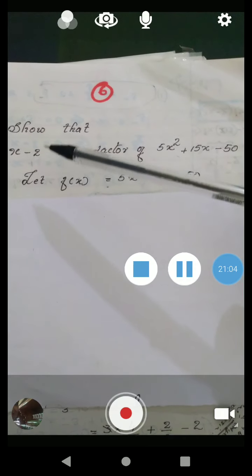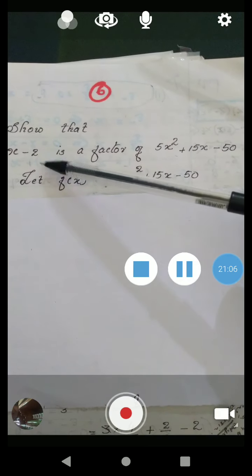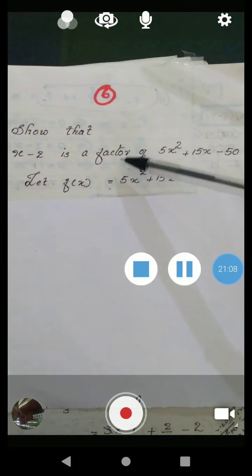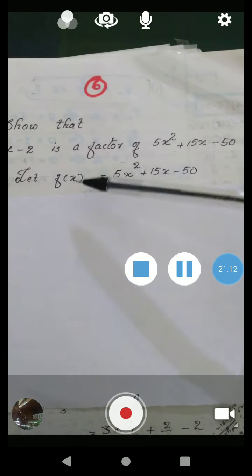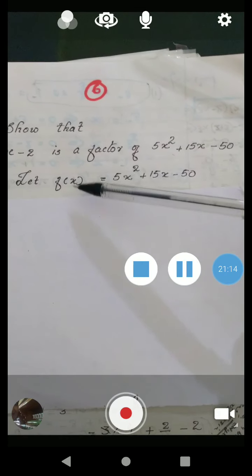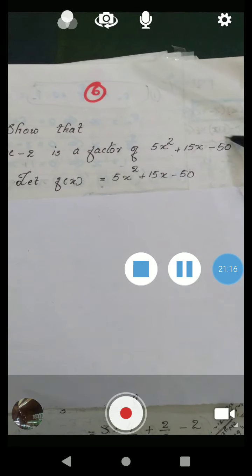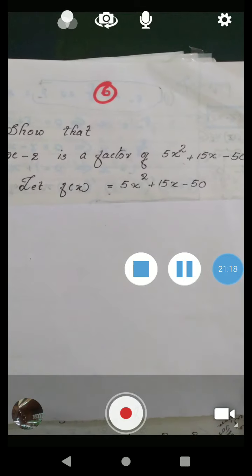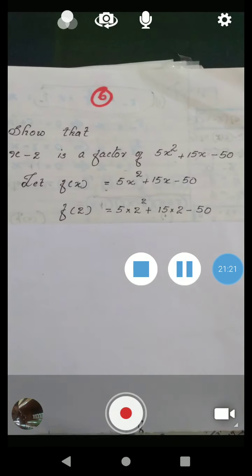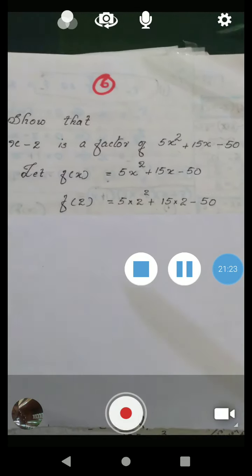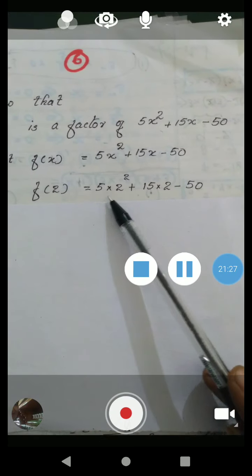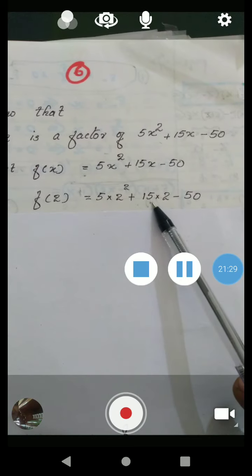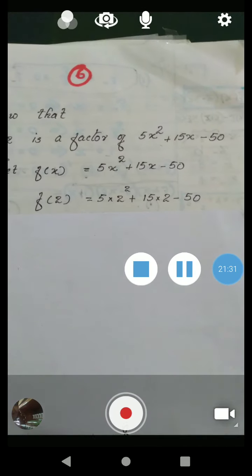If f(2) is equal to 0, we can say that x minus 2 is a factor of this expression. So, let's consider f(x) is equal to the given expression. Then we can find what is f(2). f(2) is equal to 5 into 2 squared plus 15 into 2 minus 50.